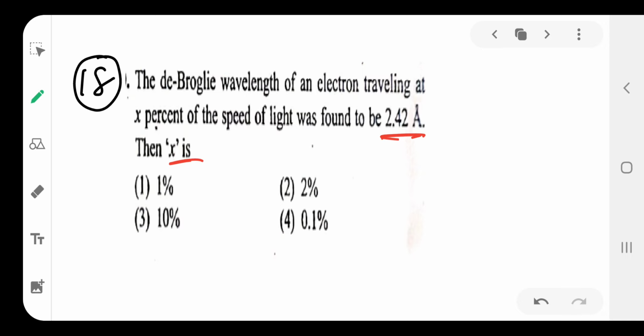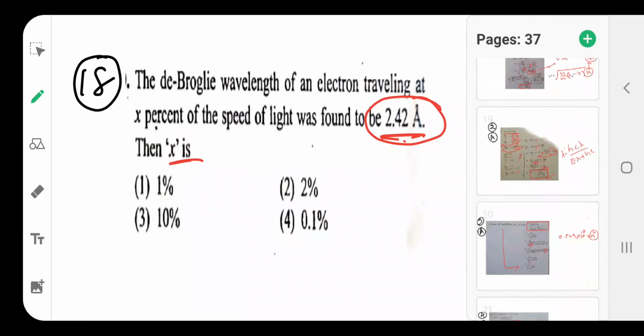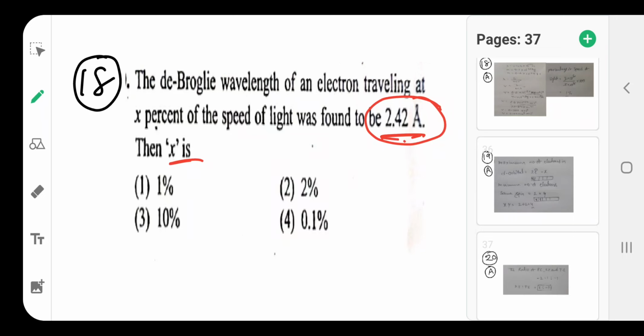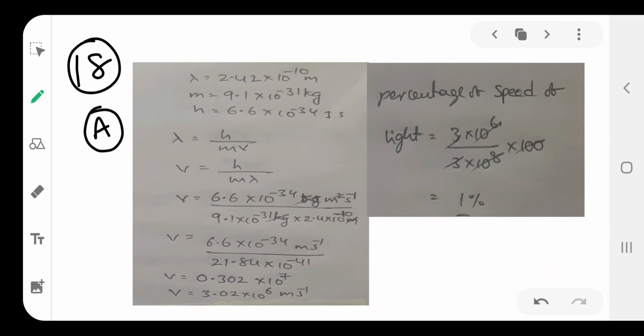From this we have to calculate the velocity, and then take the velocity as a percentage. Wavelength 2.42 angstrom is changed to 2.42 into 10 power minus 10 meter. Mass of electron we know is 9.1 into 10 power minus 31. H value we know is 6.6 into 10 power minus 34 joule second.